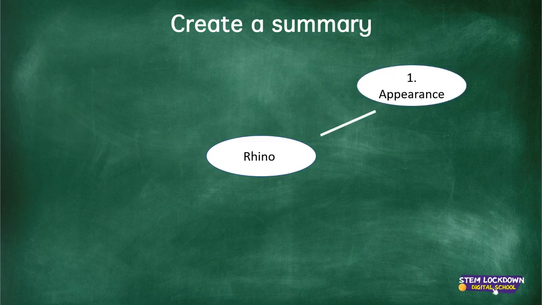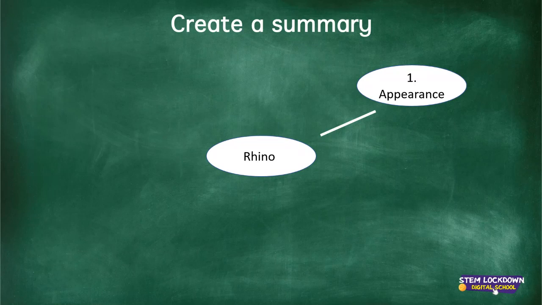Right, now the first thing is its appearance. Can you write some keywords about its appearance? See if you can write that heading and then just from what you remember, write 3 keywords about its appearance. You got that? Good.